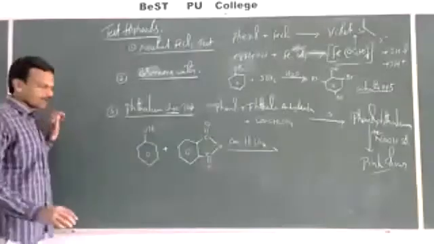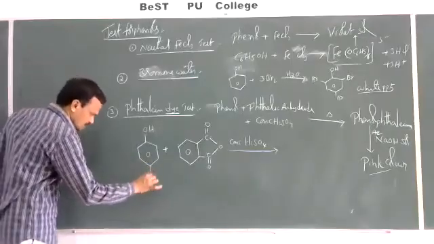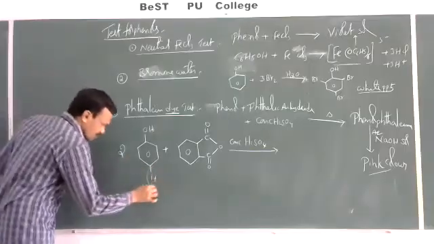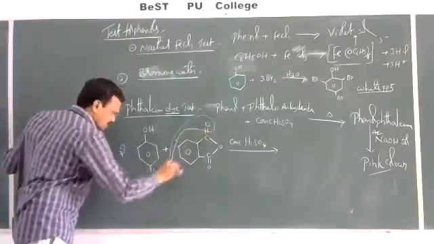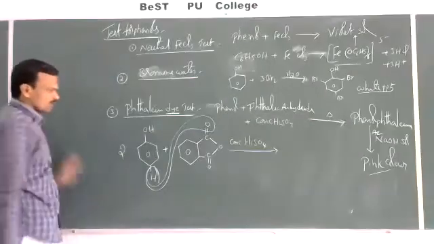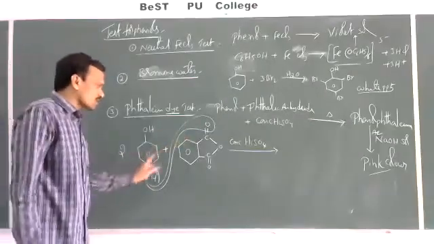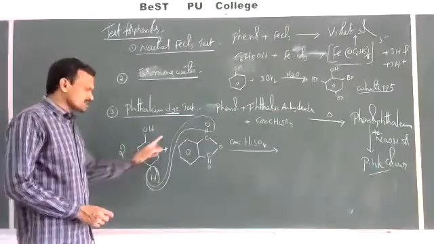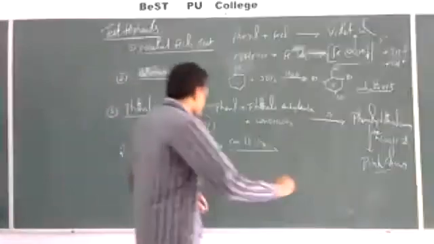Then what will happen here is, it contains hydrogen at the para position. Now 2 moles of phenol, at the para position there are 2 hydrogens, and these 2 hydrogens and this oxygen undergo condensation. So phenol undergoes condensation with phthalic anhydride and forms the compound like this.